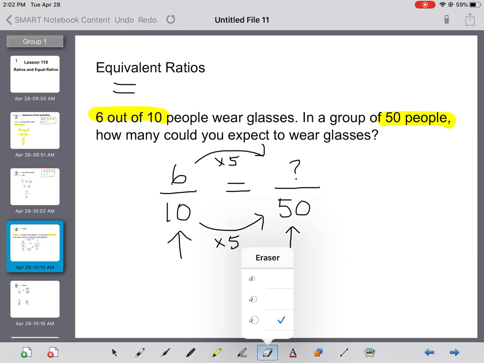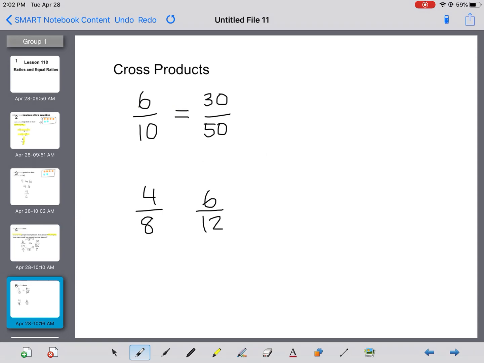Multiply by 5. Let's see if I can erase my question mark here. And you end up with 30 people wearing glasses out of 50. So the exact same thing as equivalent fractions, equivalent ratios. So hopefully that's not too tricky for you.